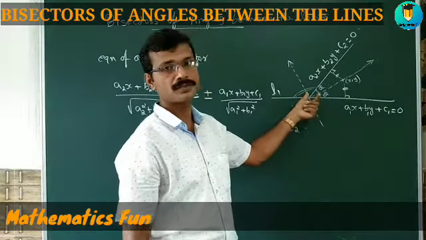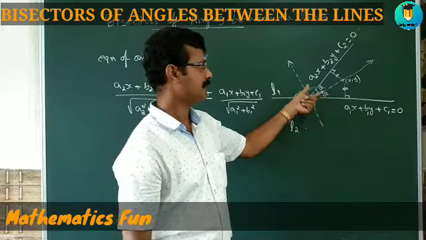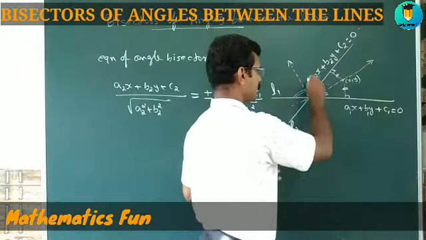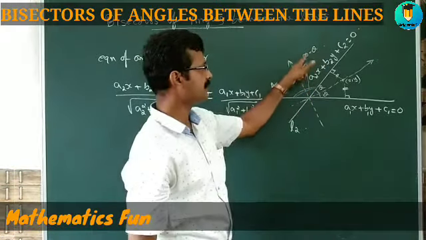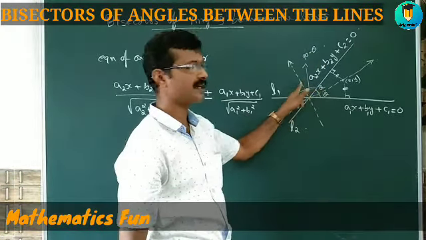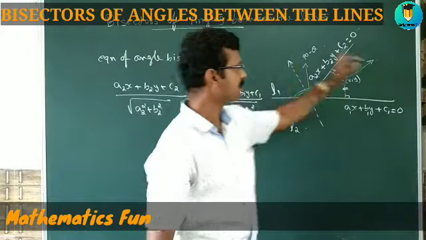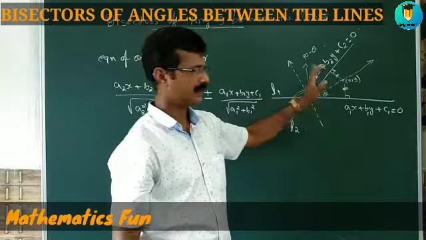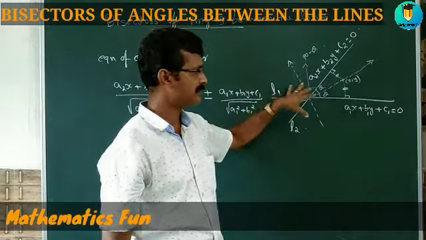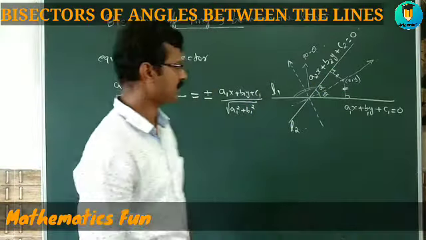Half of 180 minus 2 theta is 90 minus theta. Ultimately, 90 minus theta plus theta is 90 degrees. That is, the angle between the bisectors will always be 90 degrees. That result automatically comes here, which you studied in lower classes.